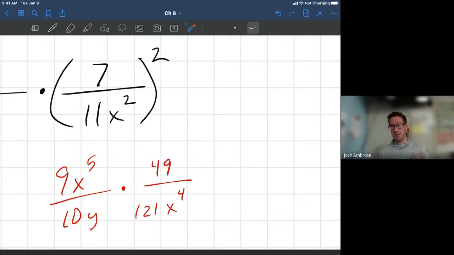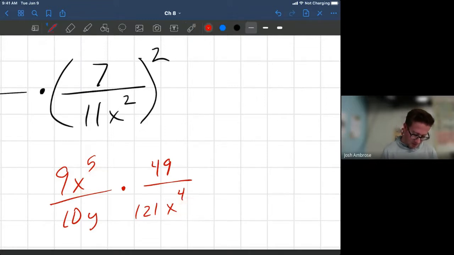So we can simplify that, right? We can simplify that top to bottom expression. And that is going to give us a same base and then 5 minus 4, right? Same base, both are x, and then 5 minus 4.